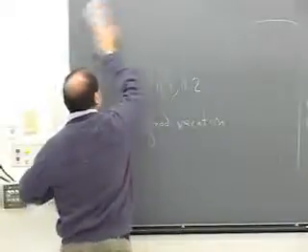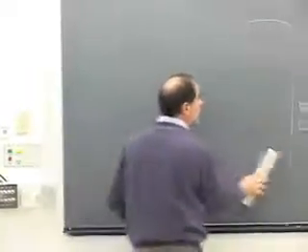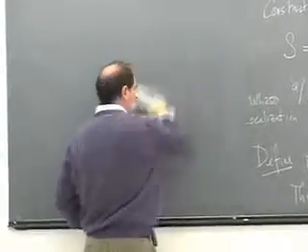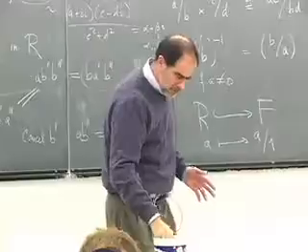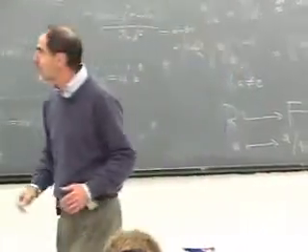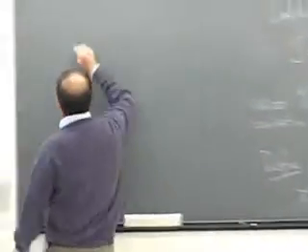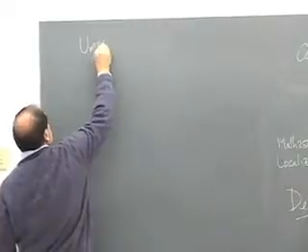Sometimes when you make a construction like this, you're making all kinds of what seem to you arbitrary choices, and you don't know how to characterize what you've ended up with. So here's the characterization of the quotient field, the universal property.